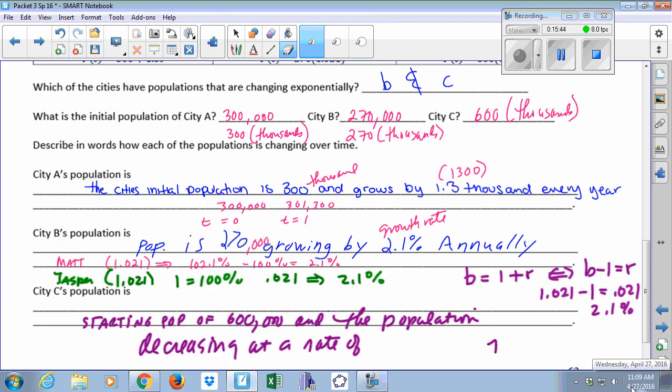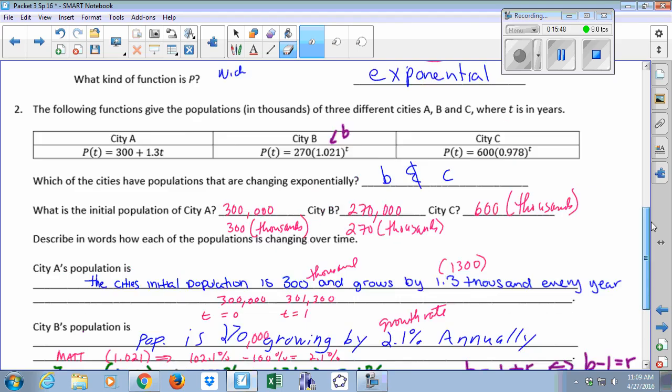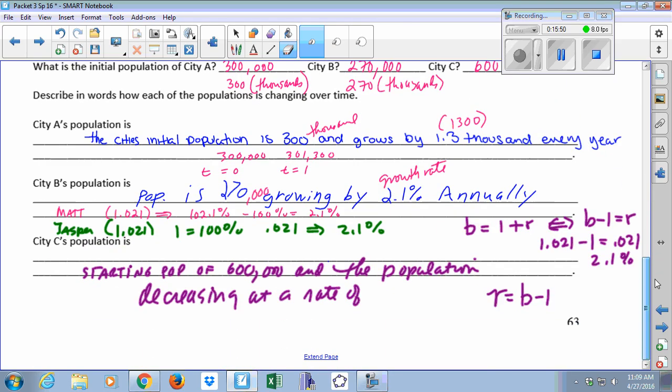Okay, remember r is b take away 1. So b here is 0.978. So I put in 0.978, and when I subtract 1 from it, notice your value for r is negative, which makes sense if you're declining. So r equals negative 0.022. Okay? That tells you that you have an exponential decay function versus an exponential growth.